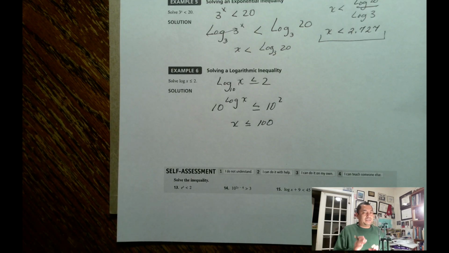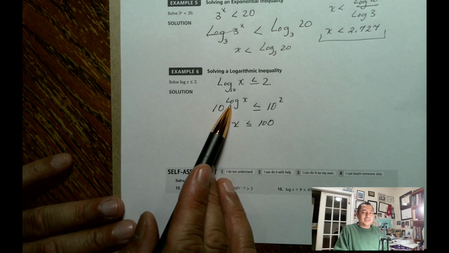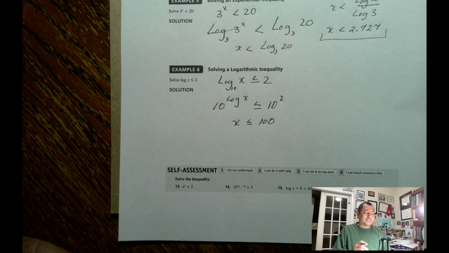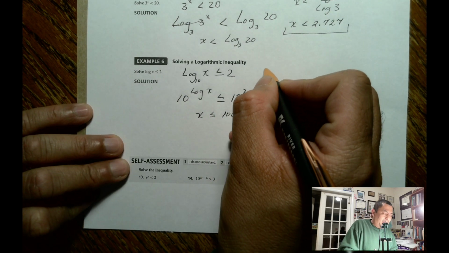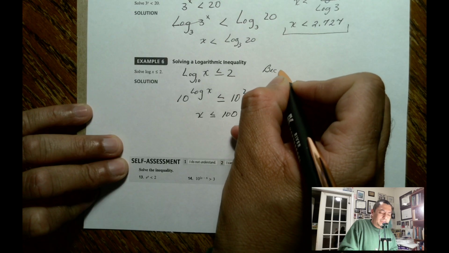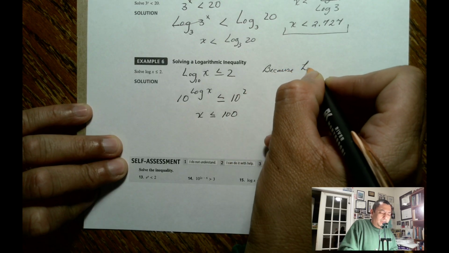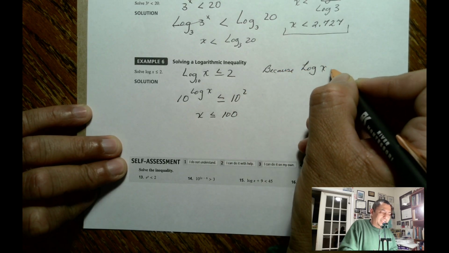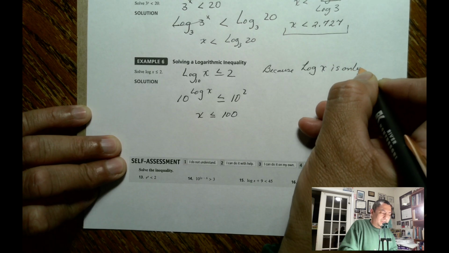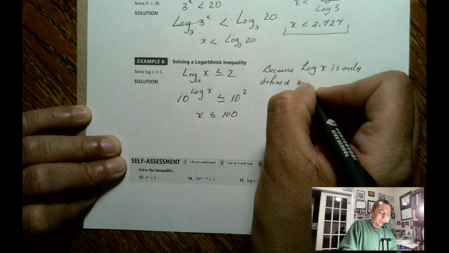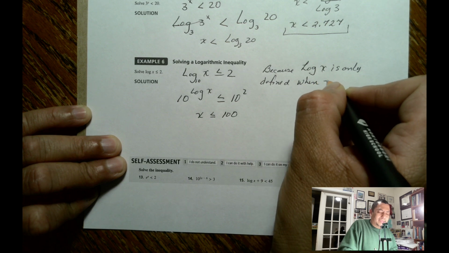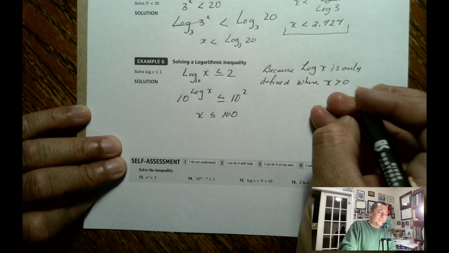Now, here's the part. Because I have a log, I need to be careful with the negatives. So I'm going to write it here as a reminder, because log of x is only defined when x is greater than 0.